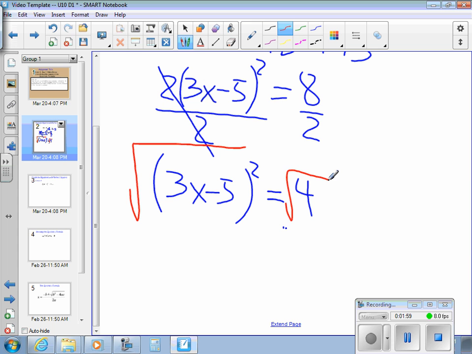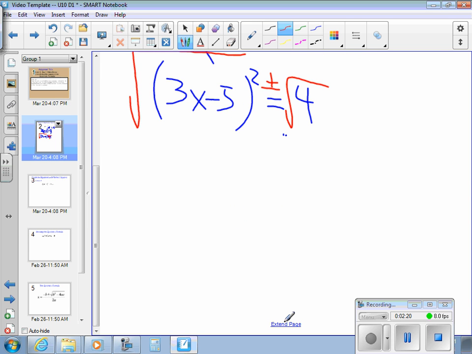And when I do that, I need to make one side of the equation plus or minus the square root of the other side, because in doing this I introduce the possibility that there's that other one.